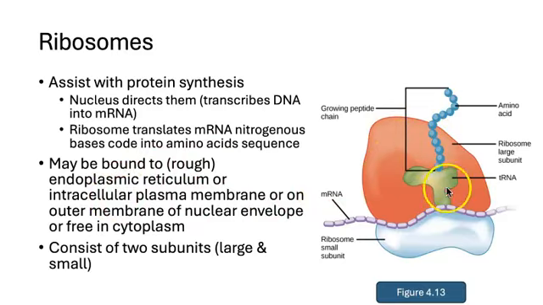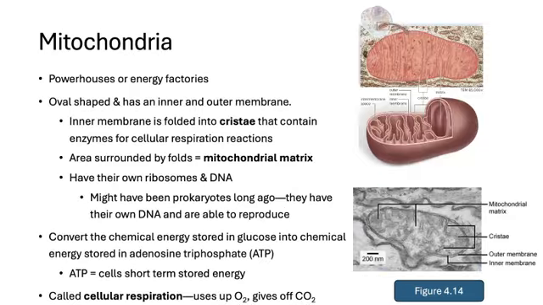We have our large subunit over here and its small subunit. And we'll find this in just about every cell in our body, but we'll find that we have an abundance of them in our cells that make lots of proteins. For example, our pancreas, that would be making lots of digestive enzymes, which enzymes are a protein.